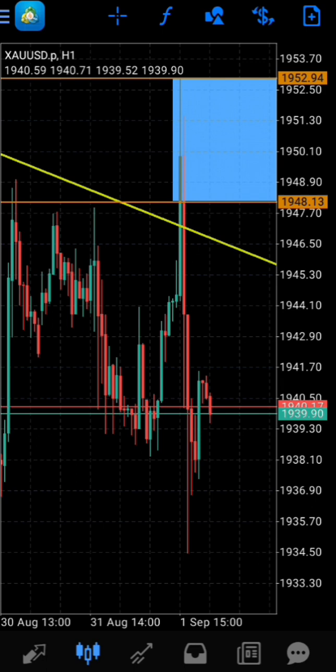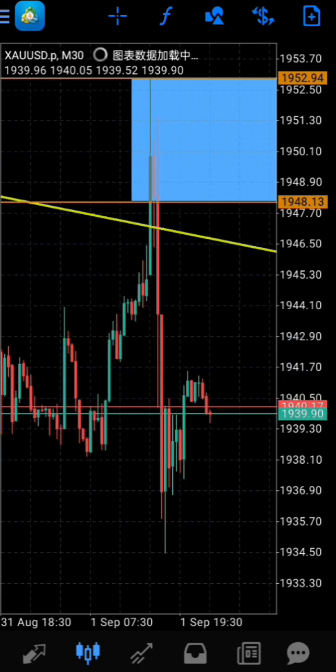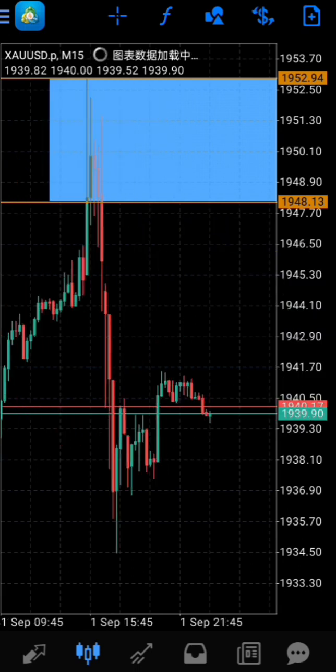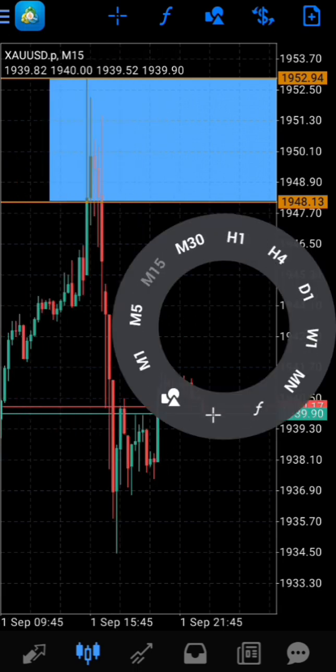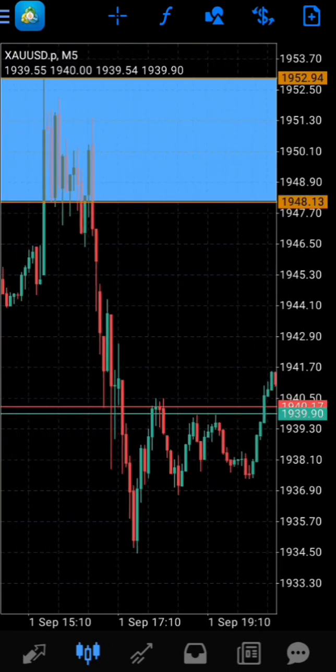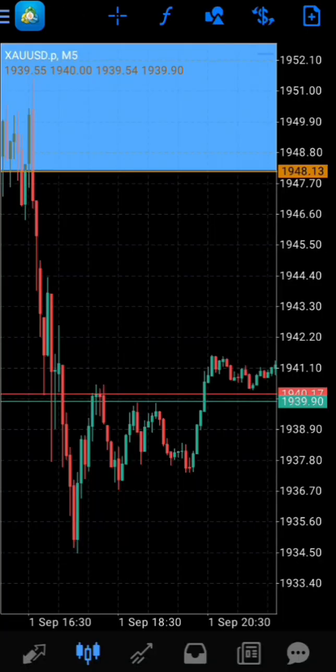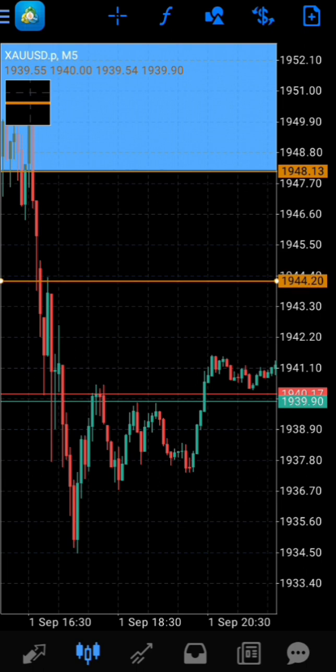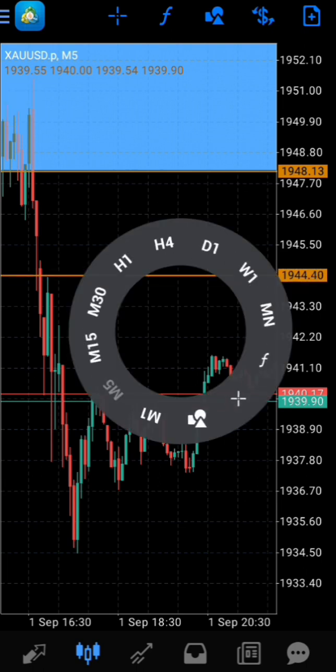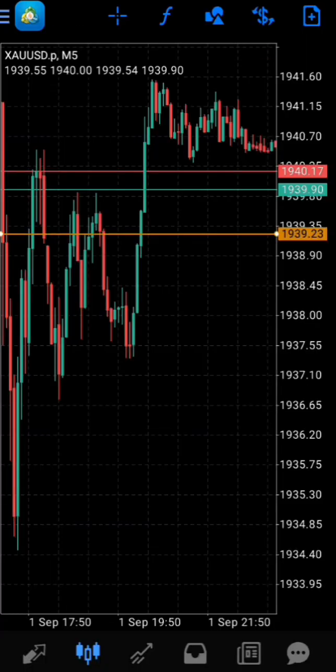Now we change to a lower time frame to see if we can find any supply sell zone. In M30 we cannot see anything, M15 nothing there, but in M5, yes, we can find a supply sell zone. This is the candle that is being engulfed, so just mark the zone.